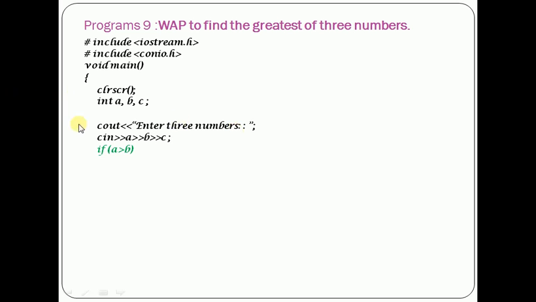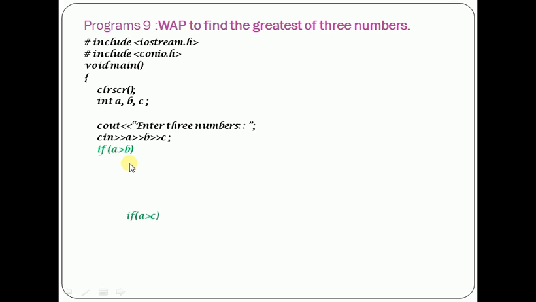How do we normally find out which is the greatest number? First check, A greater than B. If A is greater than B, you can't say A is the greatest number. There is one more number pending. So you have to check A with C also. Then only you can come to the conclusion that A is greatest.